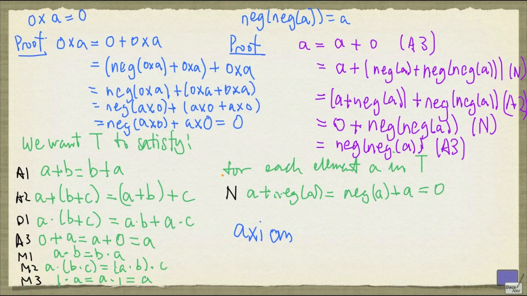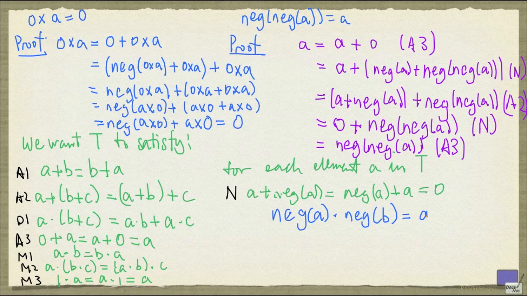Alright, now we are going to tackle the problem of the negation of a number times the negation of a number. So what is the negation of A times the negation of B? Well, the answer is that it should be A times B, and the proof is as follows. So I'm going to do most of this in place.